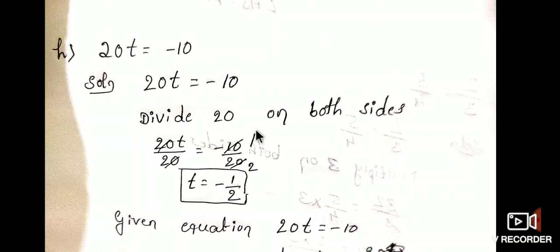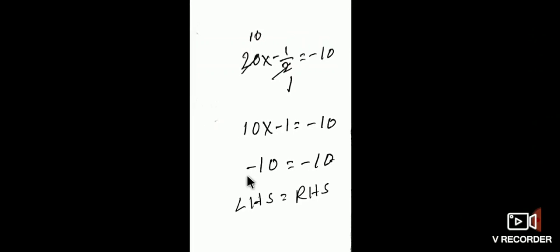That is equal to 10 ones are 10, 10 twos are 20. So minus, numerator is 1, denominator is 2. Therefore the value of the variable is minus 1 by 2. Given equation 20t is equal to minus 10, and the separated variable value is minus 1 by 2.